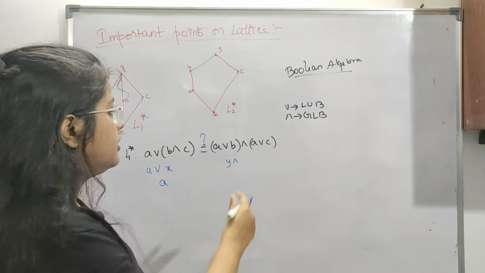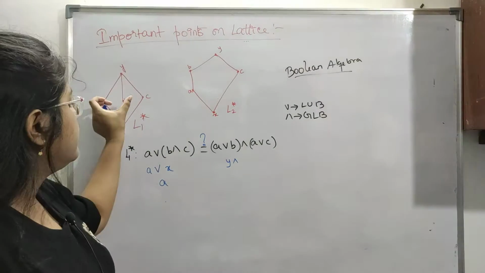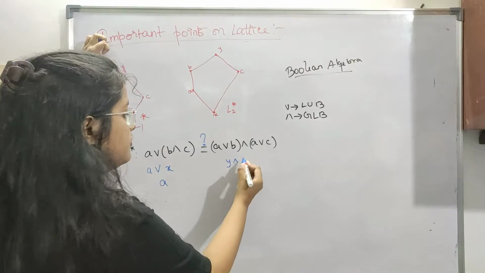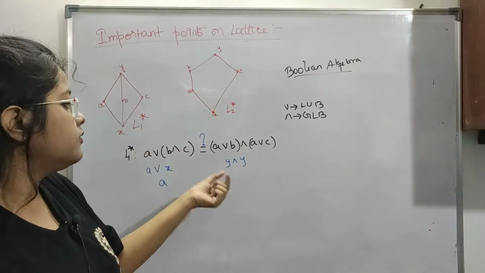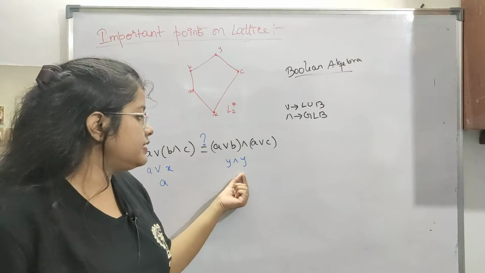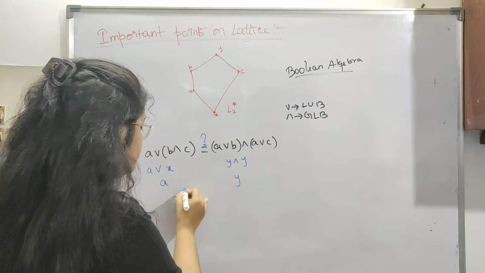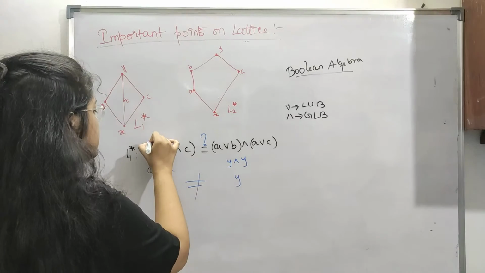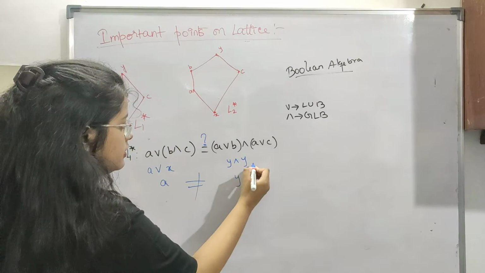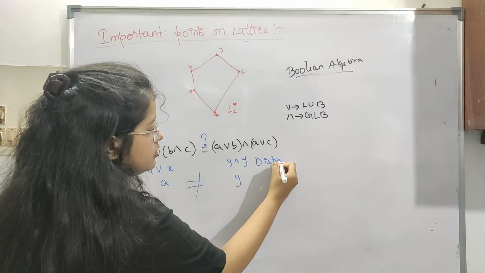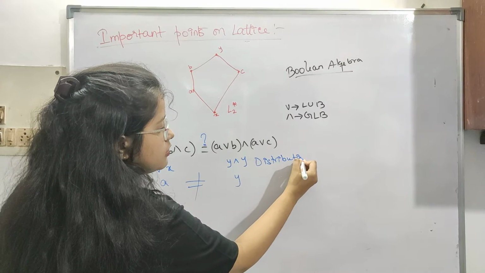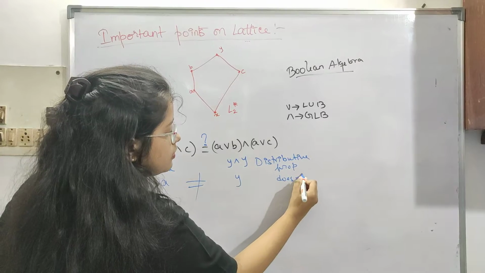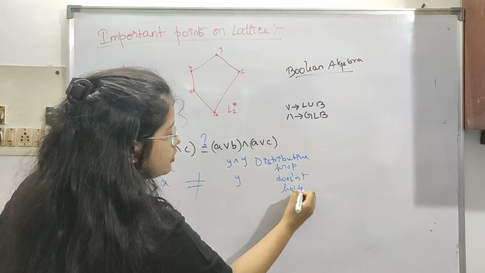Now let's find A LUB C. A and C, LUB is Y, so Y GLB Y is Y. So you can see A is not equal to Y, so the distributive property doesn't hold.